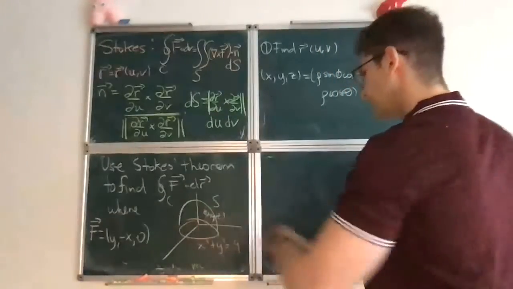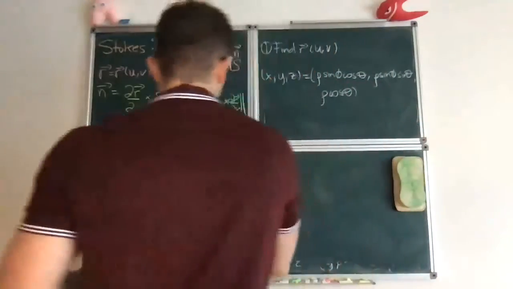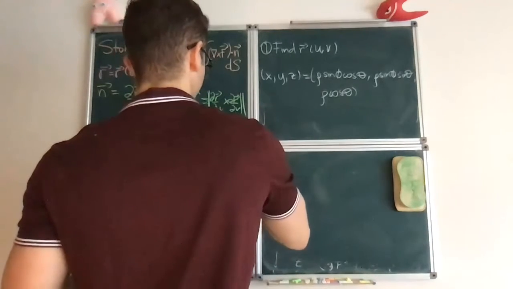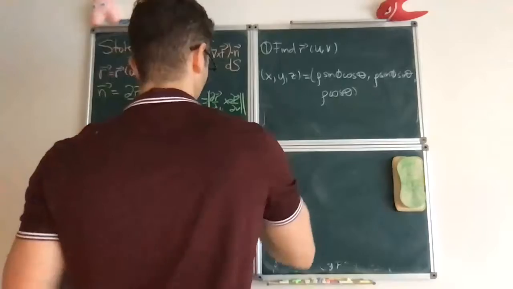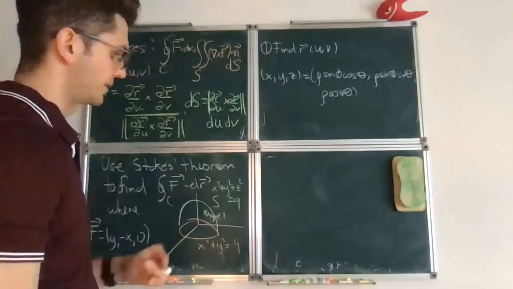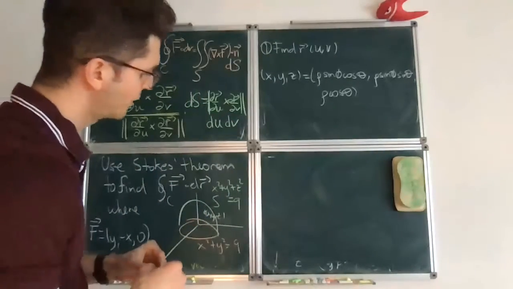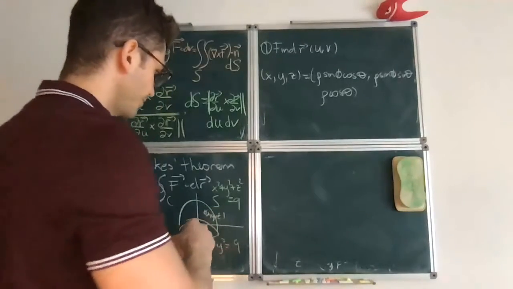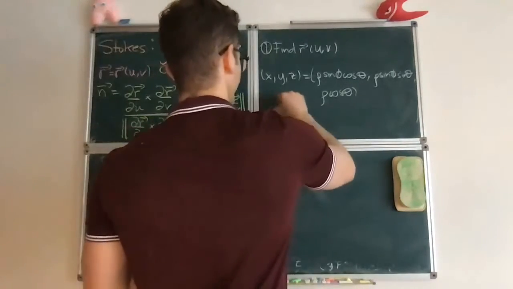But we're on the sphere of radius 3, which has equation x squared plus y squared plus z squared equals 9. That's the equation of the sphere, and when you write this in spherical coordinates, this becomes rho equals 3. So rho equals 3 on the sphere.